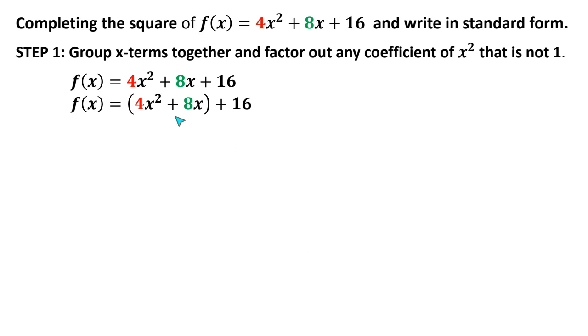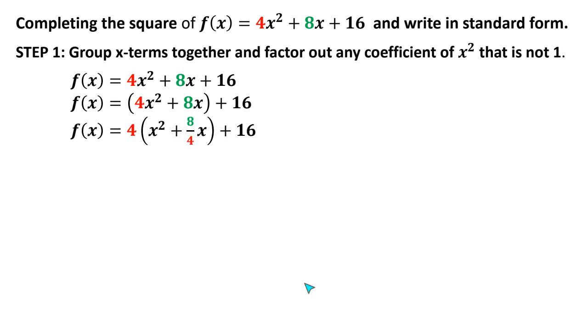To do that, notice that I'm going to group my two terms that have x's in them together with parentheses. And now we have 4x squared plus 8x. So 4 and 8, we can factor out a 4 of each of those. If I take out a 4 from the x squared, then I'm left with x squared.